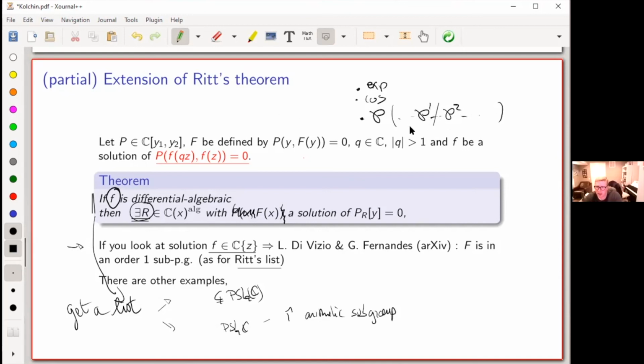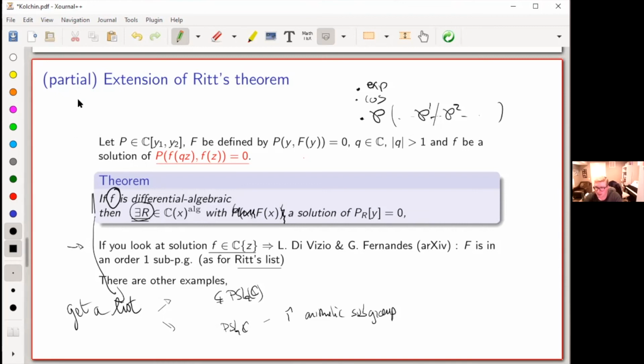But this original theorem of Rit, having to do with lattice maps and the rest of it, hasn't in some ways that theorem of Rit been generalized now by various people?